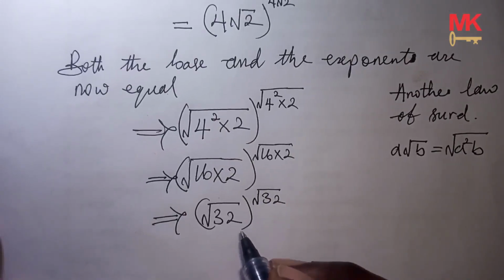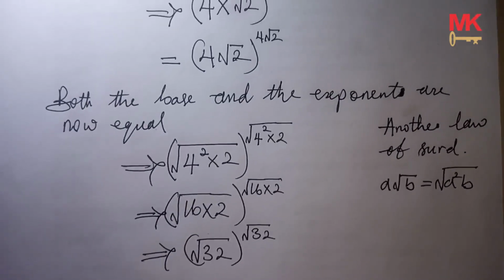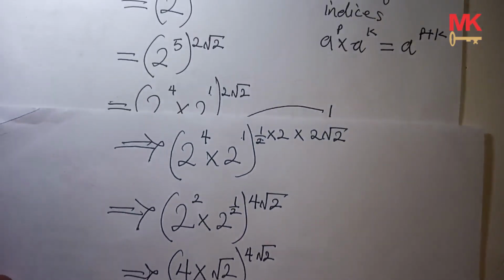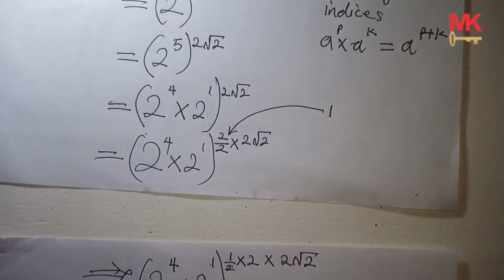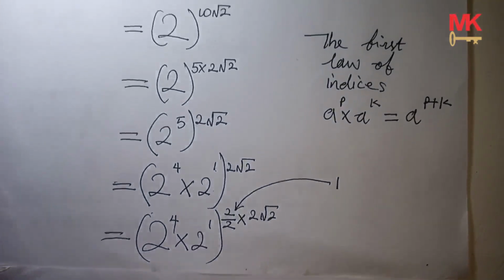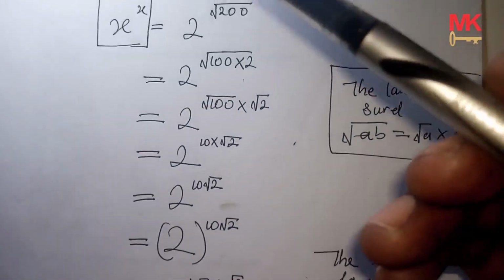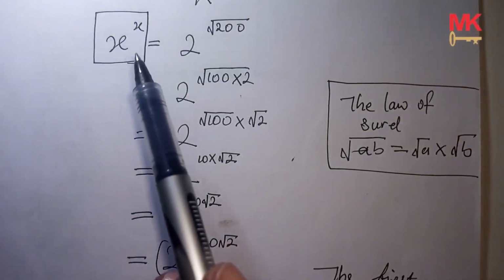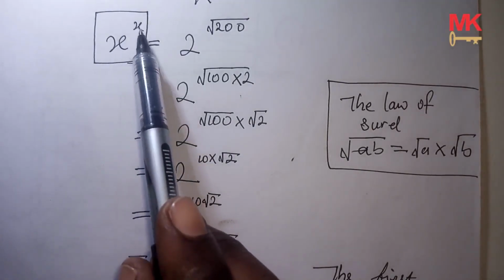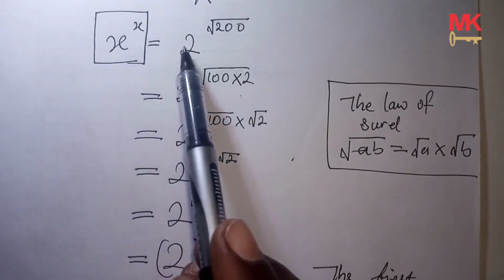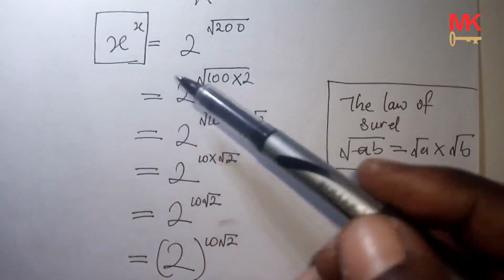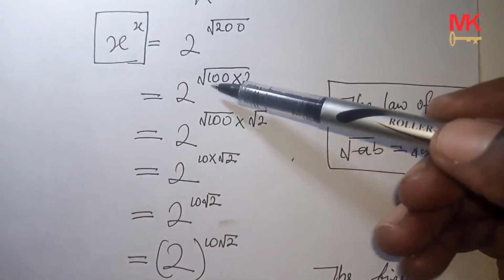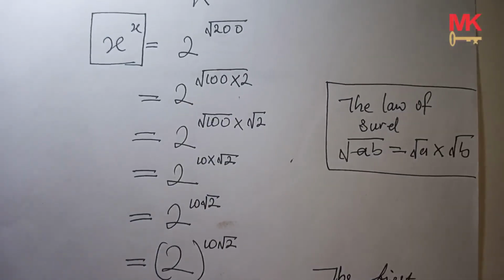At this point, let's recall, first of all, we'll go back to the original question. Here we have x raised to power x equals 2 raised to power root 200. So this x raised to power x, we said, is what we have simplified to this whole thing.